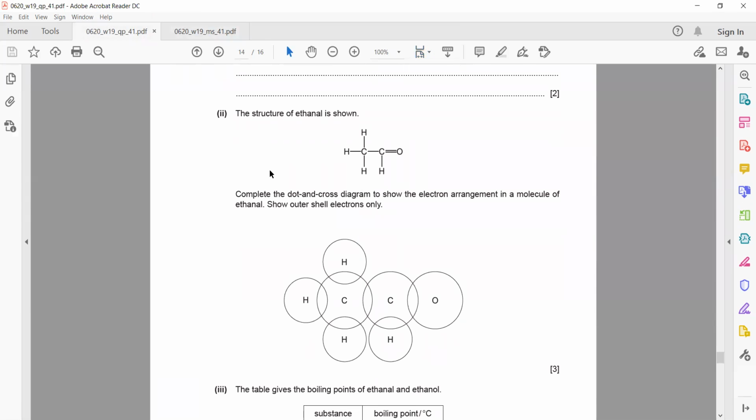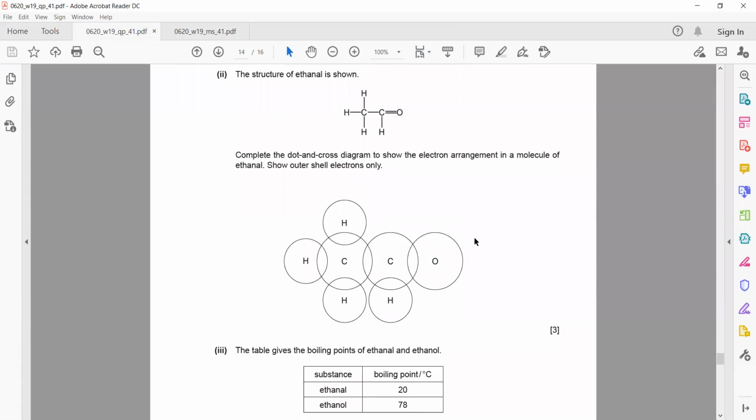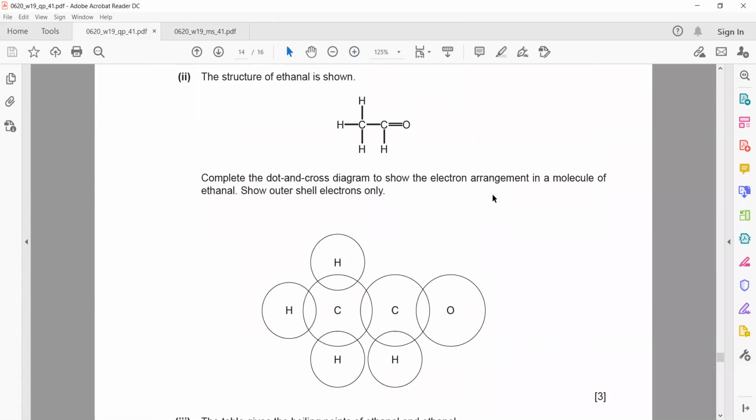The structure of ethanol is given. Dot and cross diagram. Show the structure, and use a screen annotation to show how electrons are shared between carbon, oxygen, and hydrogen.